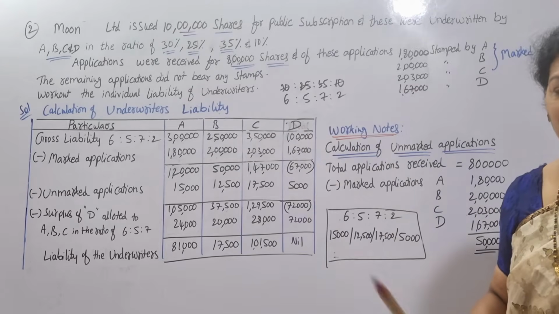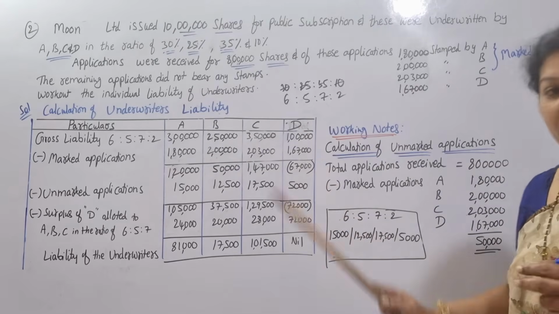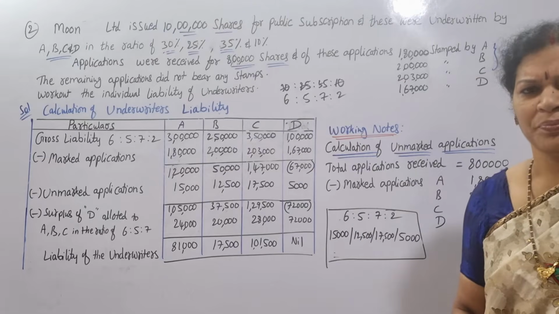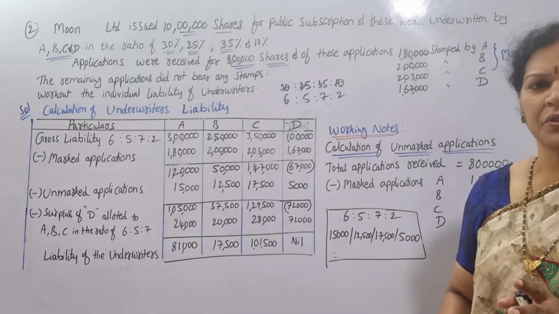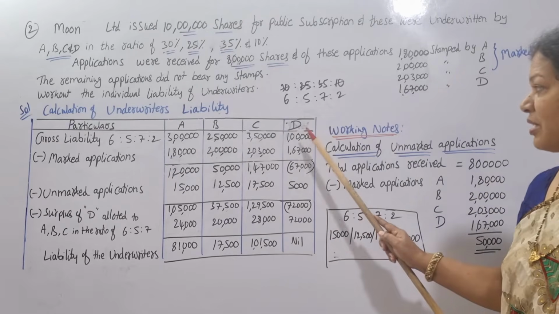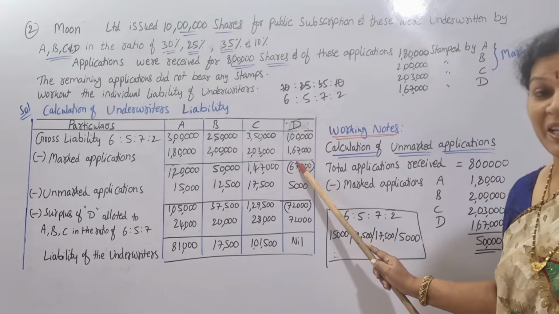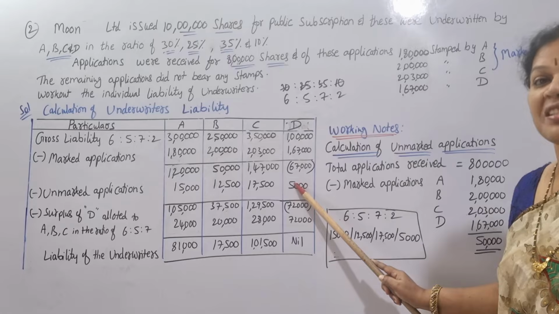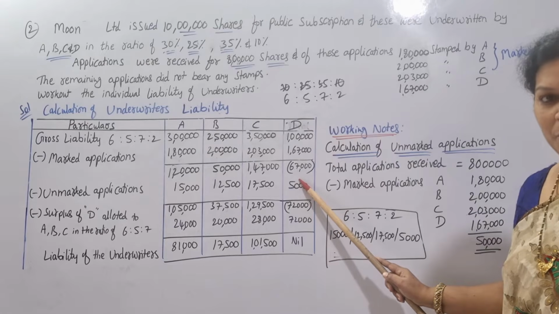That is why I have written it in brackets. You assume it as a minus value. Literally, in accounting language, it is a surplus: he has committed for 1 lakh but marked 1 lakh 67,000, so 67,000 is the surplus minus value.